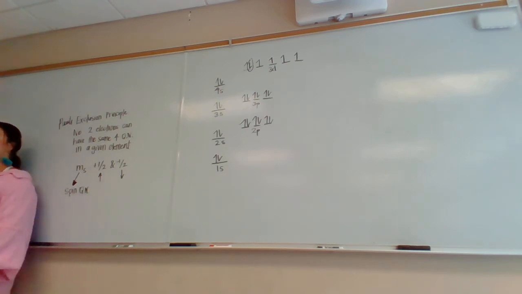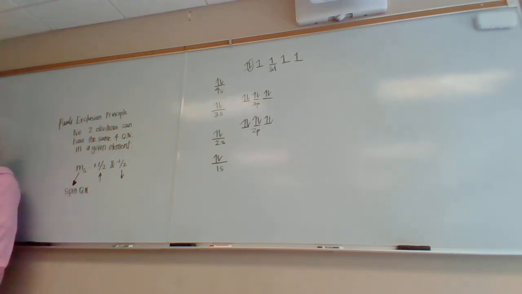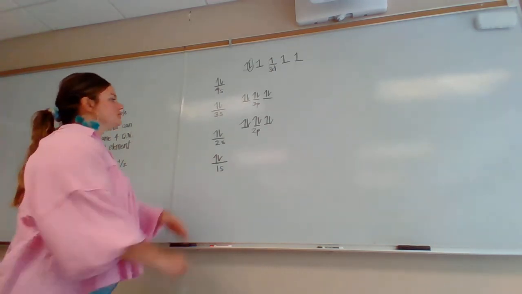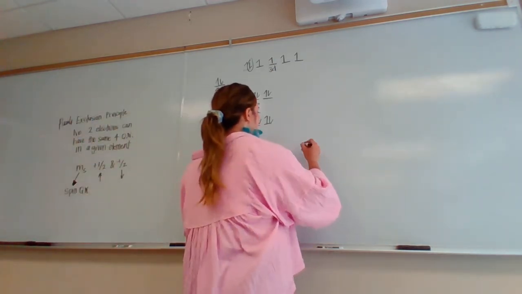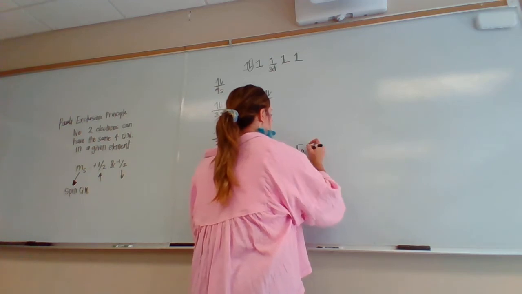I got it now. So that is the full orbital diagram. Lucky for you, you will not have to draw the full orbital diagram on your test. We'll simplify it in just a second. So here's my orbital diagram. Let's go ahead and write the electron configuration.